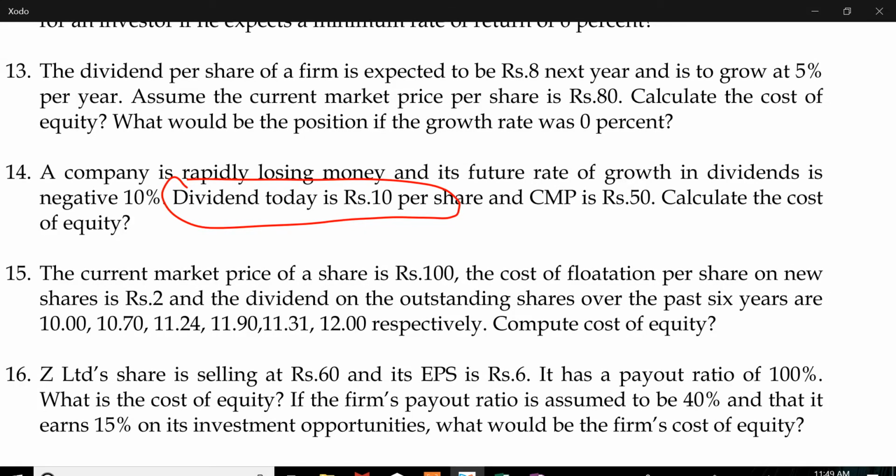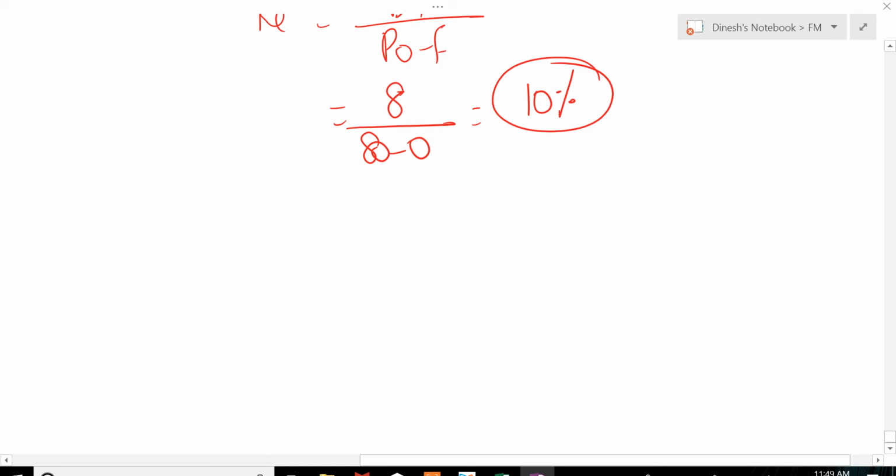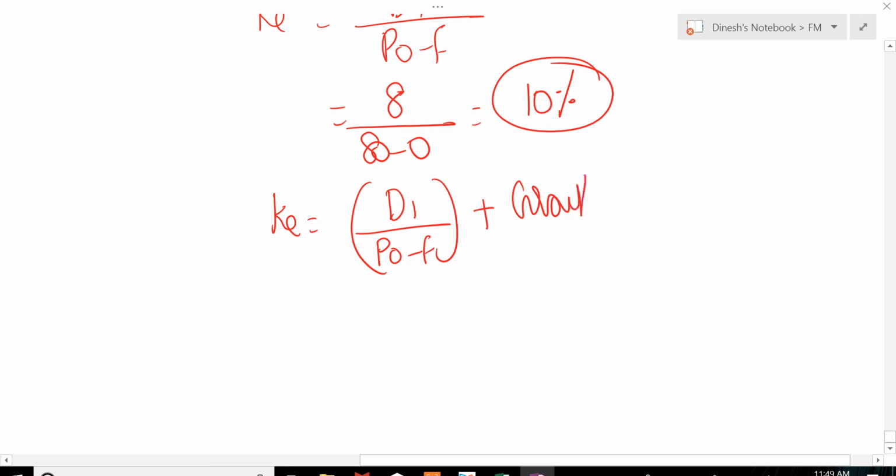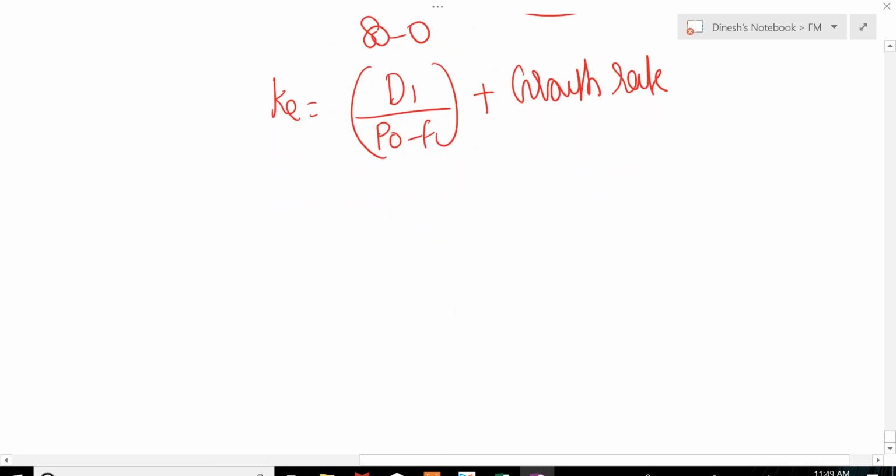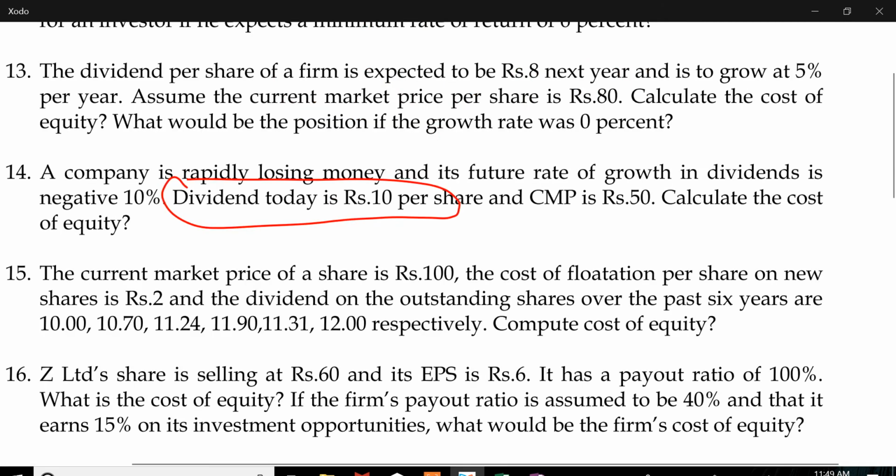So now write K is equal to D1 by P naught minus F plus growth rate. The 10 rupees is D0 or D1? D0.